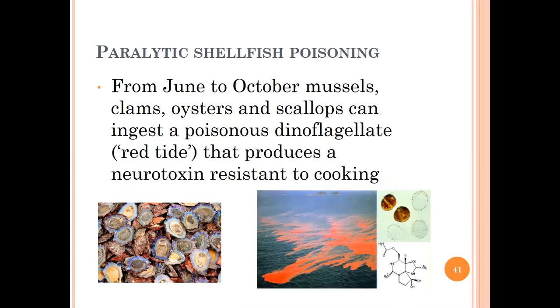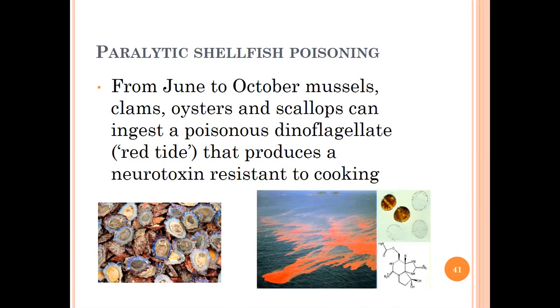What about fecal toxicosis? Toxins produced by one-cell algae. Usually it's related to seafood. For example, in the warm season, in the ocean, from June to October, mussels, clams, oysters, scallops can be contaminated with toxins produced by one-cell dinoflagellates.